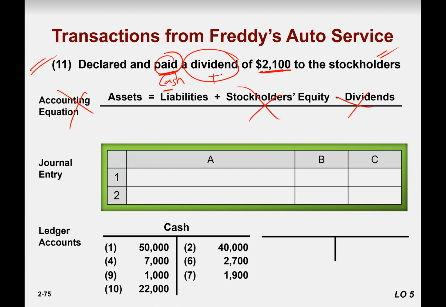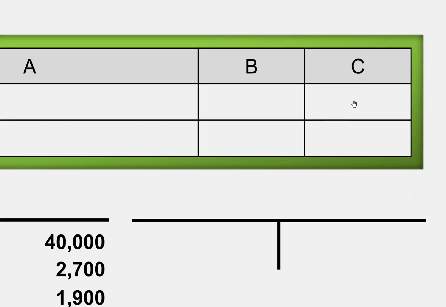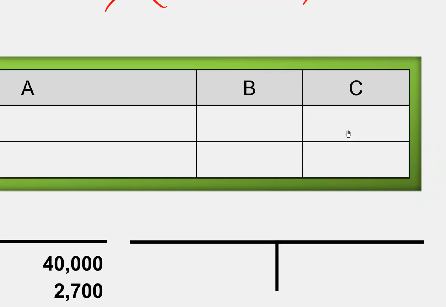Increase in dividend means debit or credit? Oh no, debit, sorry. Because an increase in dividend decreases your stockholder equity, and a decrease in stockholder equity is debited. Or I gave you the exception: if you don't understand the increase or decrease rule, just remember that expenses and dividends are always debited.